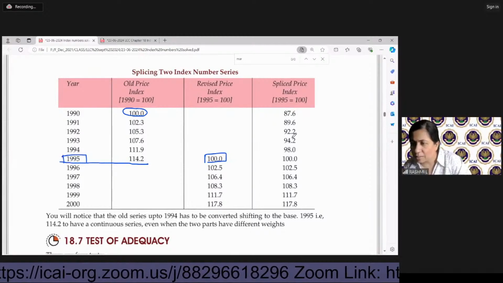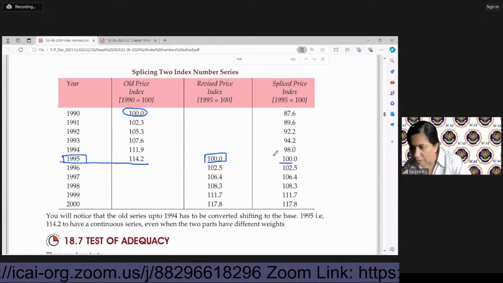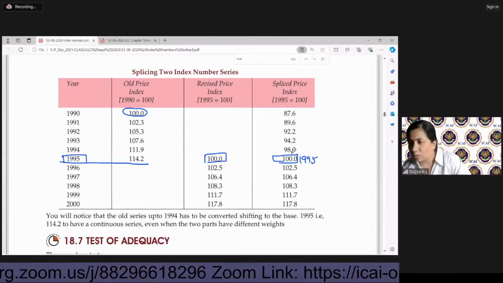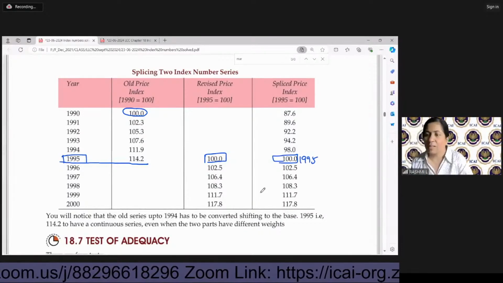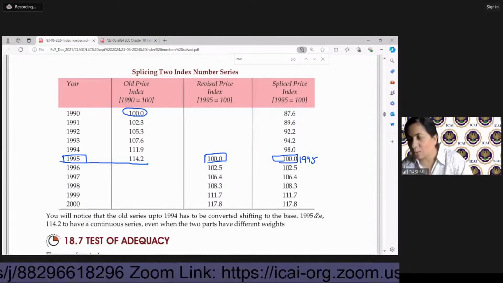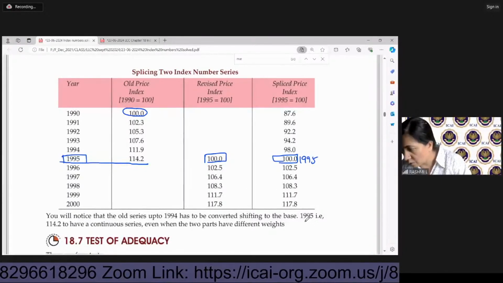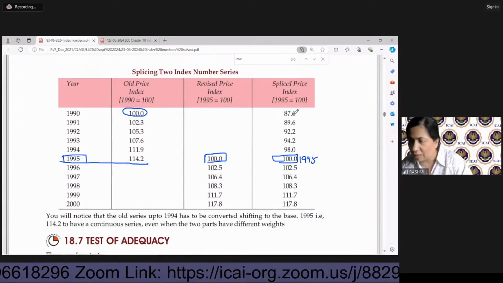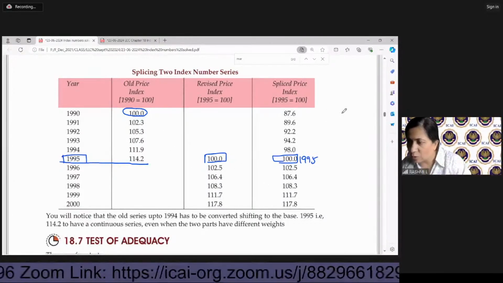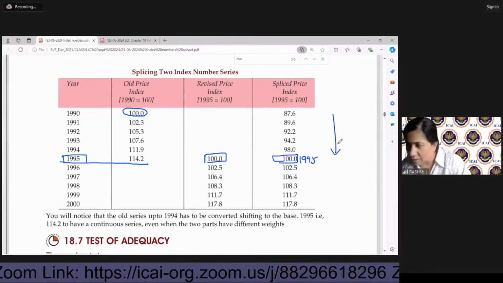And then we take this as 100, that is 1995, and then we calculate everything. Okay. So the old series up to 1994 has been converted by shifting of the base to 1995. And then these two are combined to give you a single series.